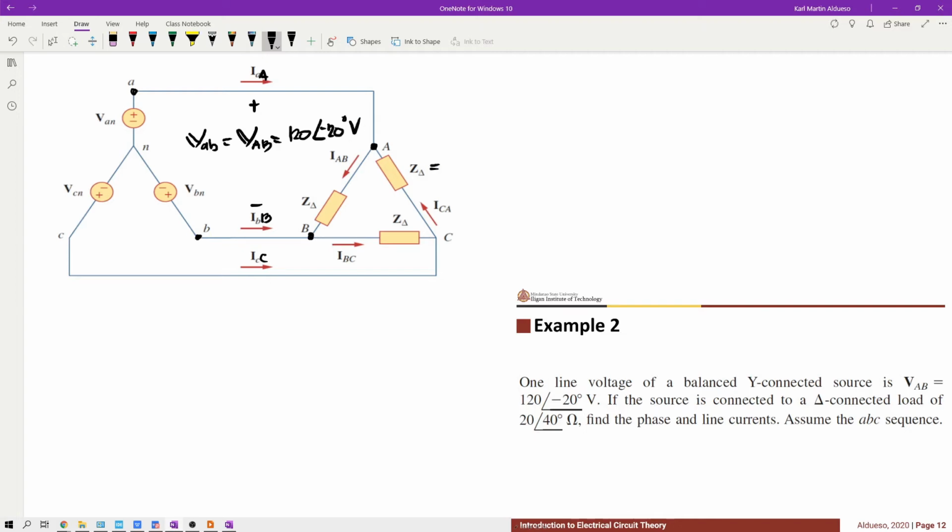If Z delta is equivalent to 20 angle 40 degrees ohms, find the phase currents and line currents.